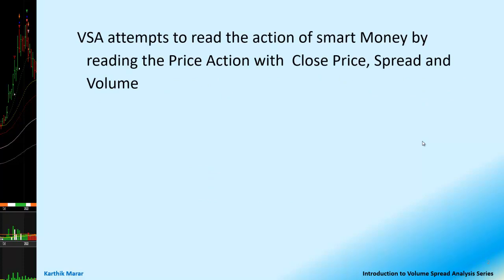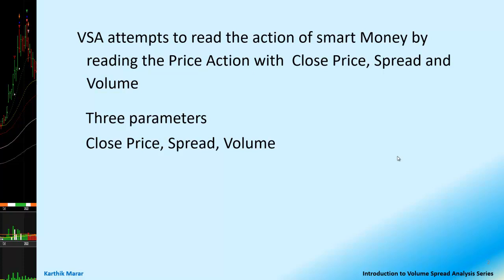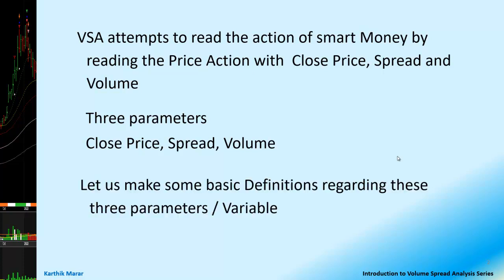In the first part, we saw that VSA attempts to read the action of the smart money by reading the price action with close price, spread, and the volume. Now, there are actually 3 parameters: the close of the price, the spread, and the volume. Let's make some basic definitions regarding these 3 variables.